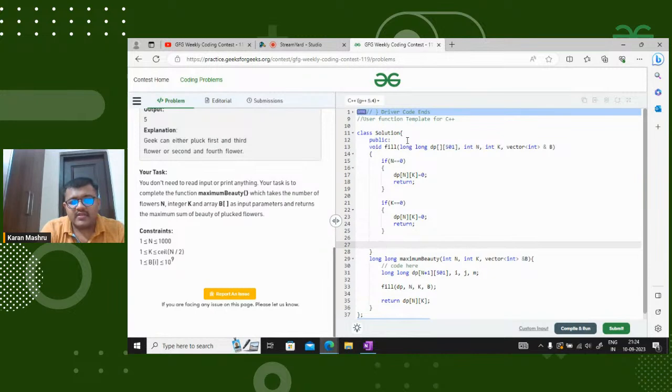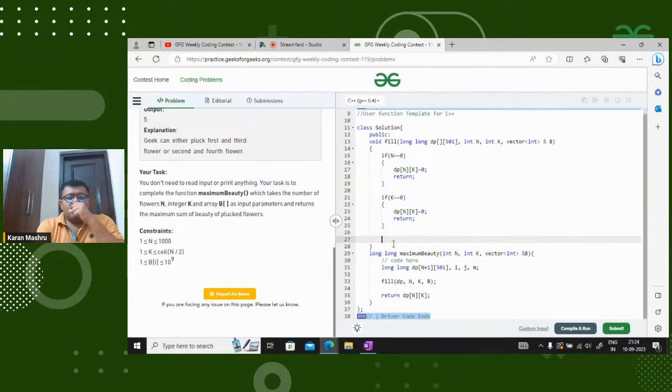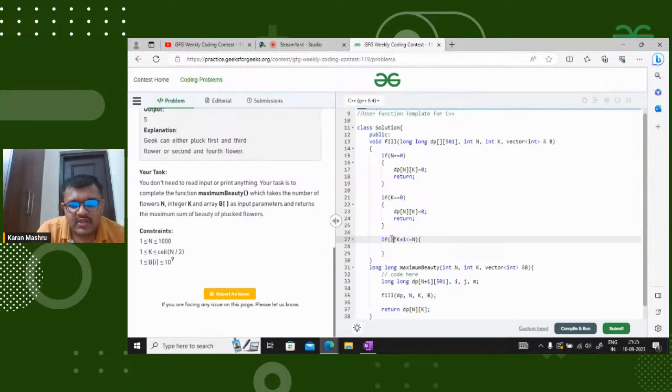Now what can be the other cases? Also if 2 star k plus 1 should be less than or equal to n, only then this will work.